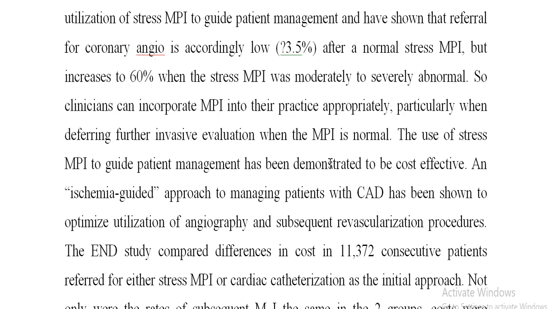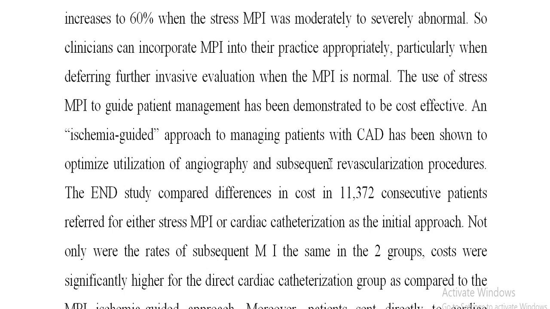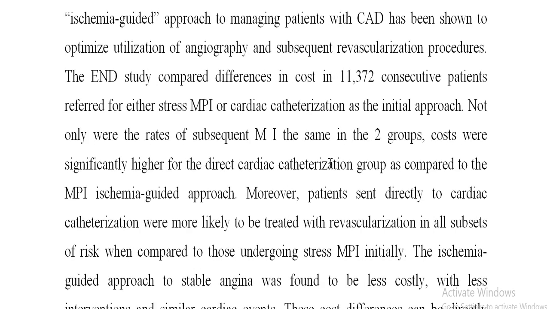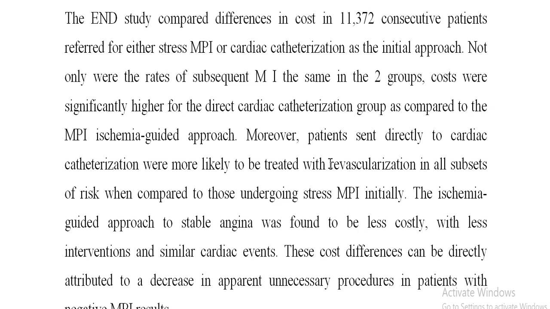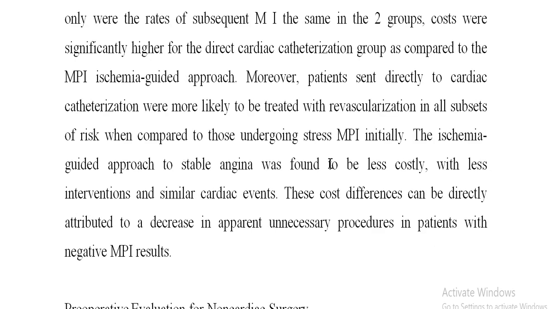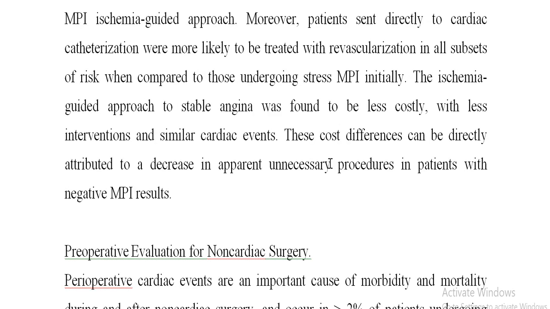Moreover, patients sent directly to cardiac catheterization were more likely to be treated with revascularization in all subsets of risk when compared to those undergoing stress MPI initially. The ischemia-guided approach to stable angina was found to be less costly, with fewer interventions and similar cardiac events. These cost differences can be directly attributed to a decrease in apparent unnecessary procedures in patients with negative MPI results.